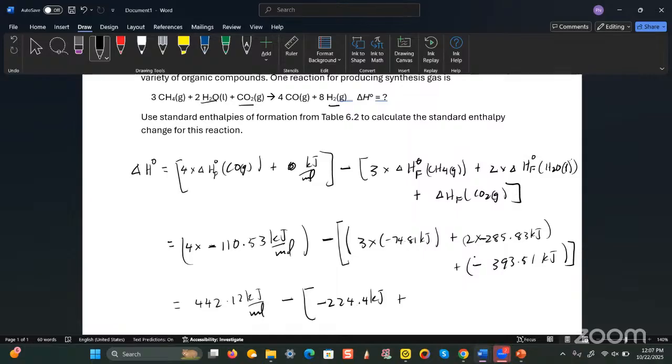And for that, I got minus 571.66 kilojoules. And then for the last one, it's minus 393.51 kilojoules.